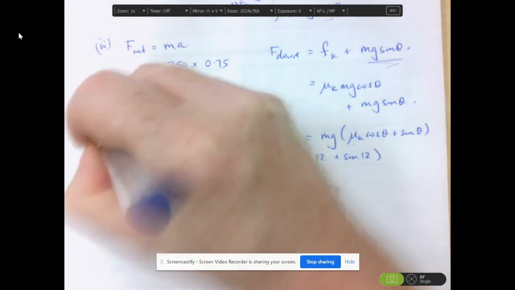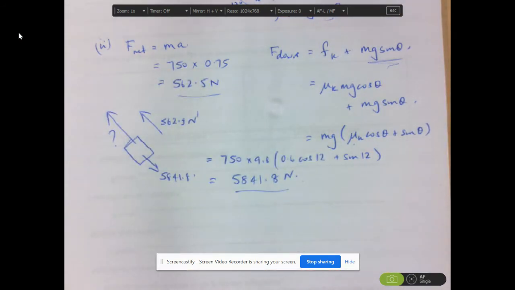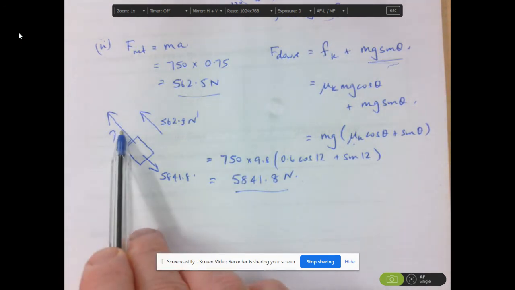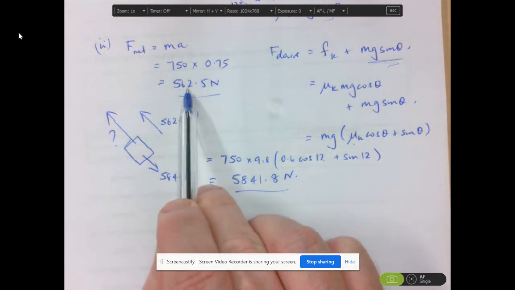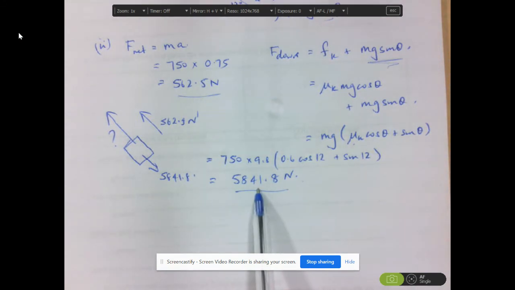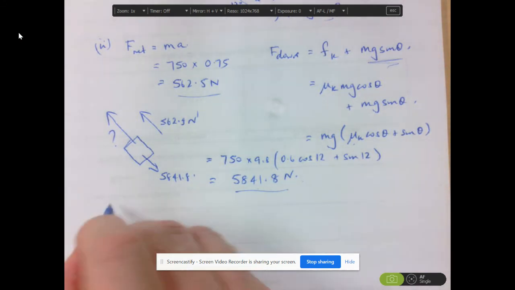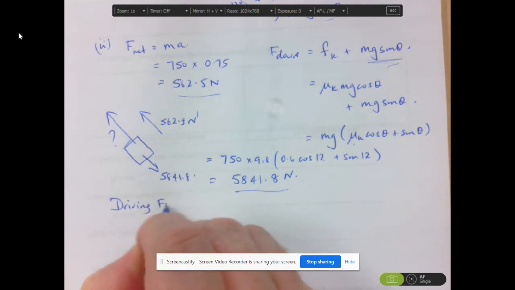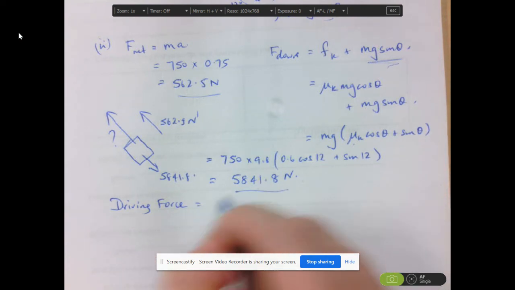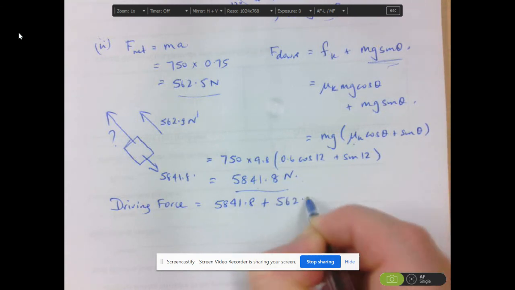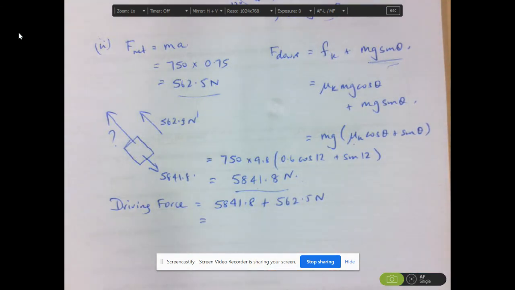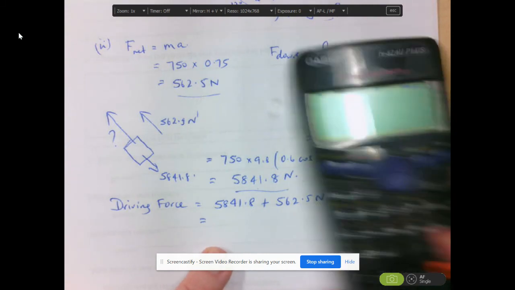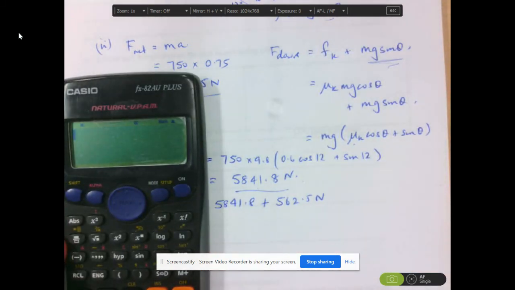So how would we calculate that? Well, the driving force from the engine must be bigger than 5841.8 by 562.5 newtons.